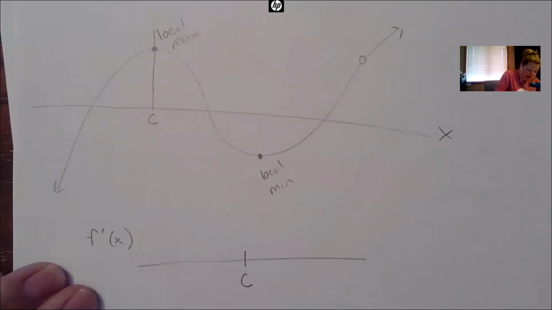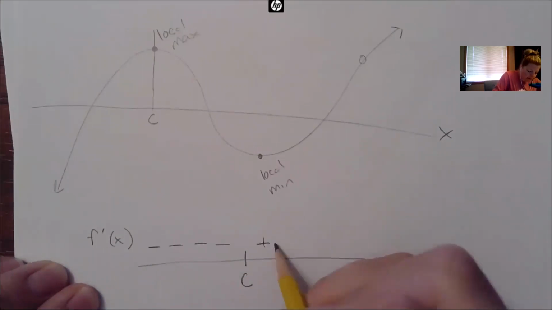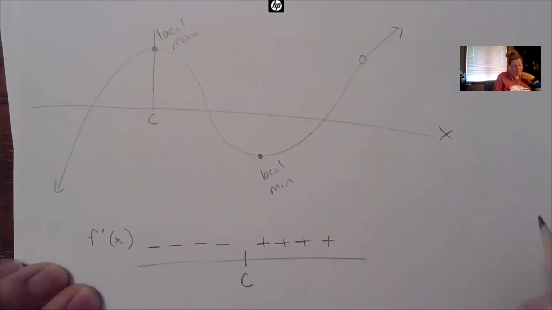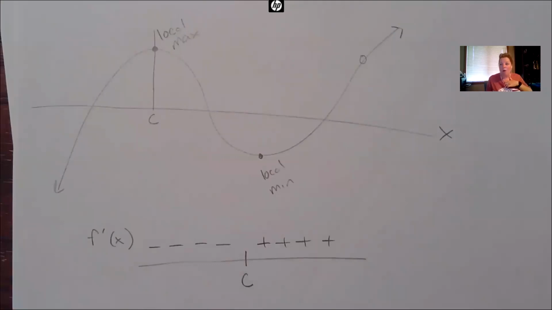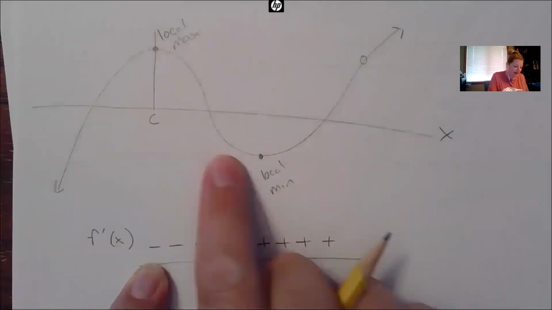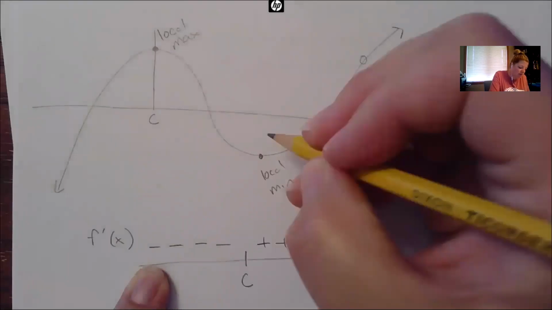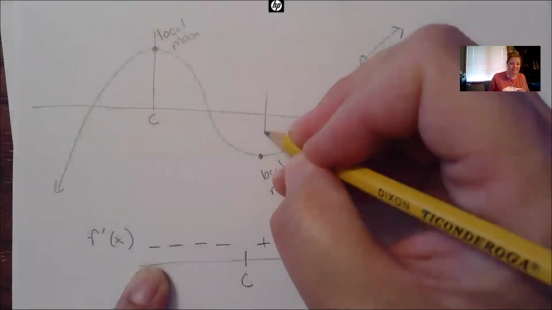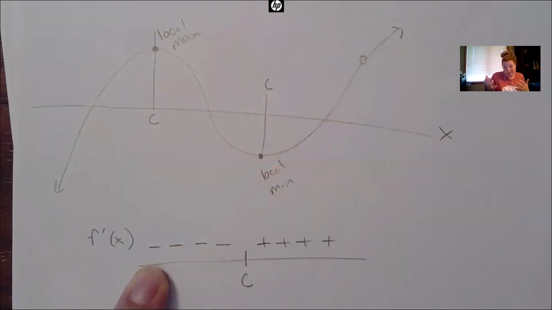If you go from negative and then you switch to positive, then that means you have a local minimum, okay? Because minus means decreasing. Hit that C value, which probably should be called a different letter, but this would be a local min.